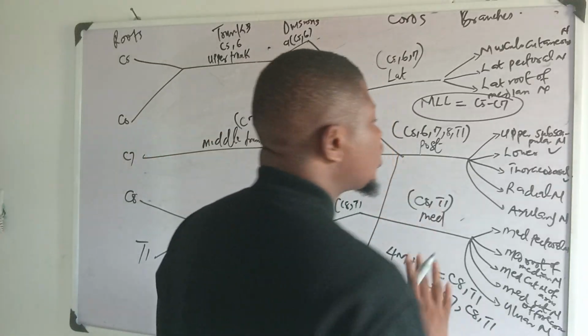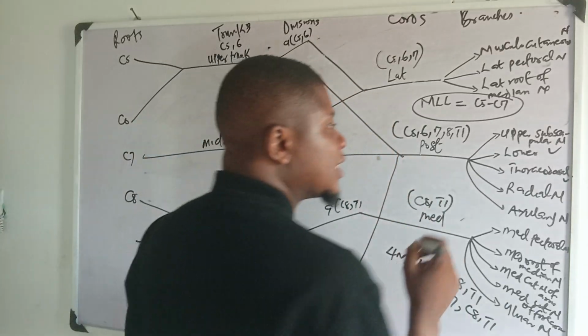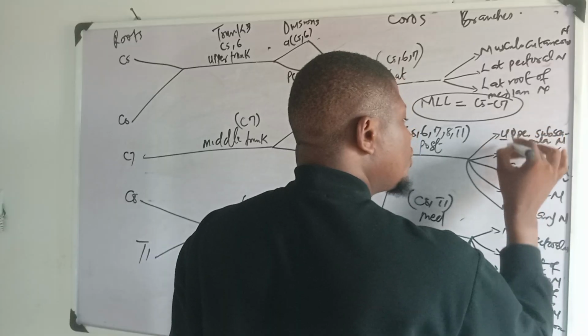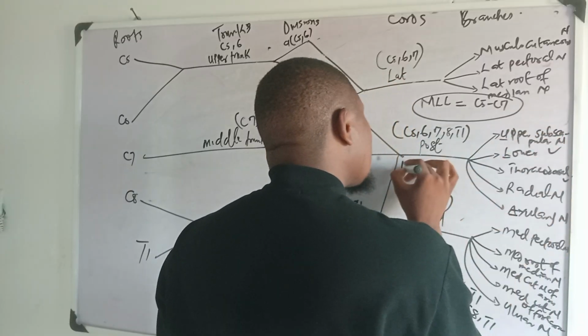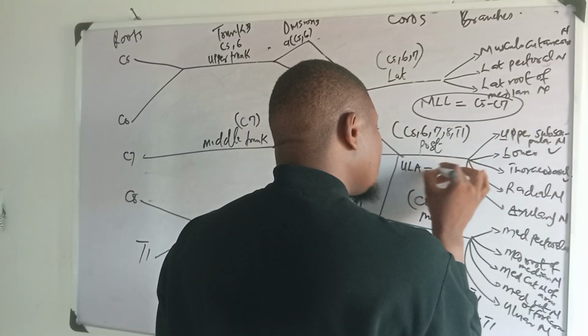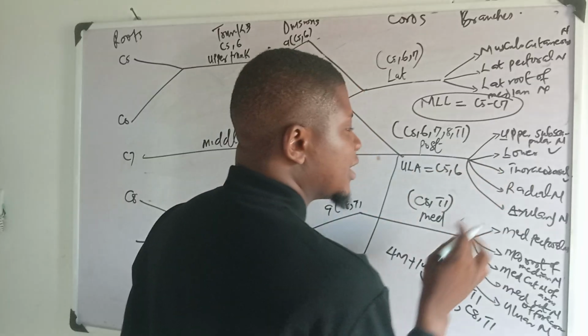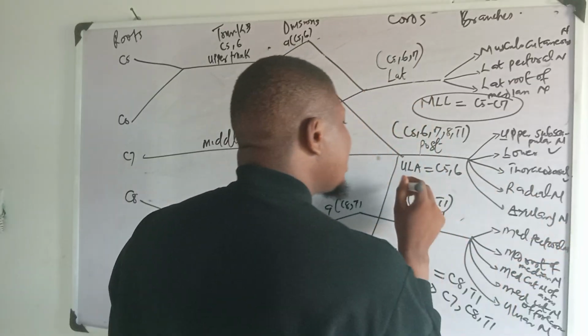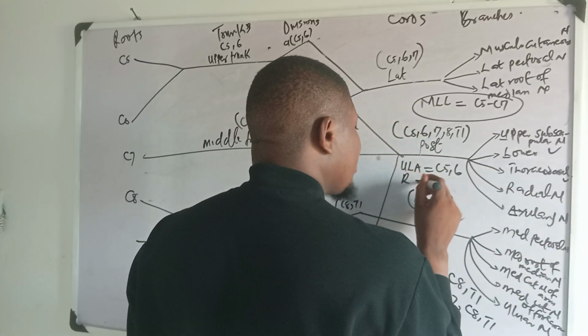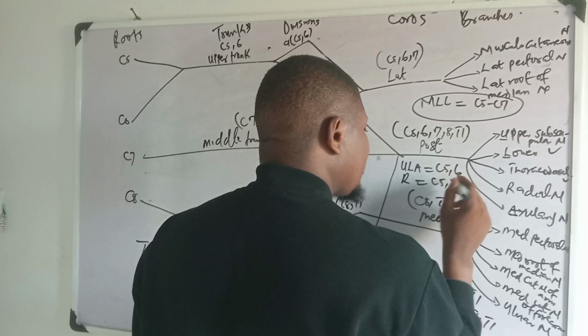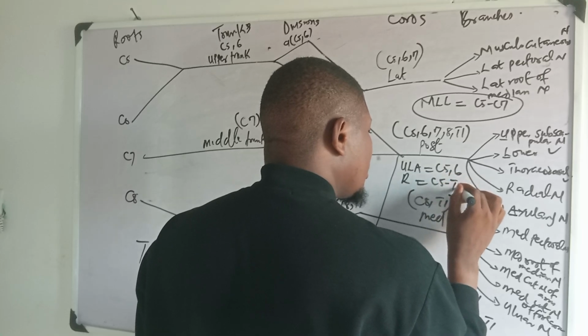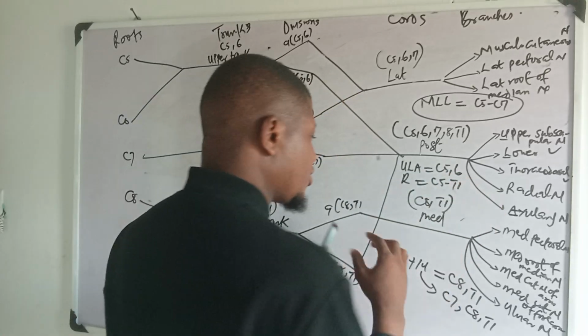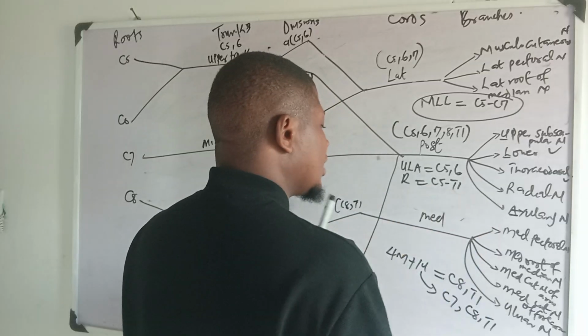That's how the posterior cord shares these nerve fibers. He gave ULA, as I normally call them, C5, C6. Then he gave the radial nerve all of them, C5 to T1, making it the largest branch of the brachial plexus.